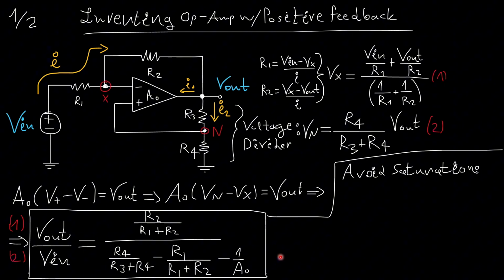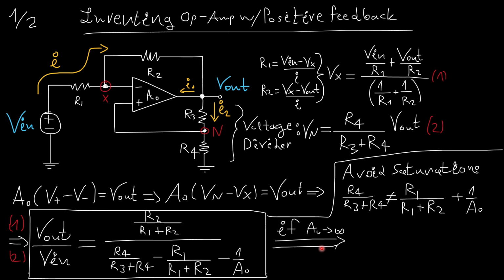Well, first and foremost, I'll say that what if A0 is infinite? Alright, we're talking about an ideal op-amp here. What if it's infinite? Well, to avoid saturation, we want this denominator to not become 0. So R2 over R1 must be not equal to R3 over R4. What if they have been equal, or what if they have been very close?